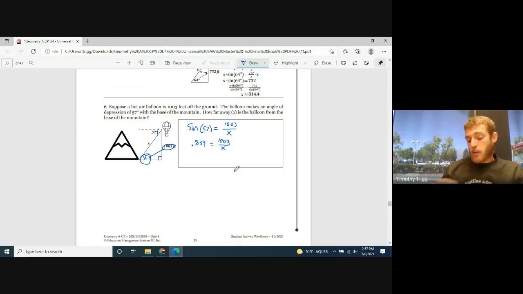Now to cancel out the fraction, you always multiply by the denominator. So in this case, multiply by x, both sides. So I've got 0.839x equals 1003.